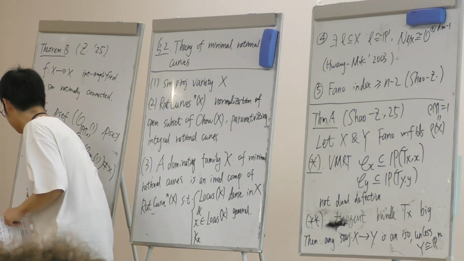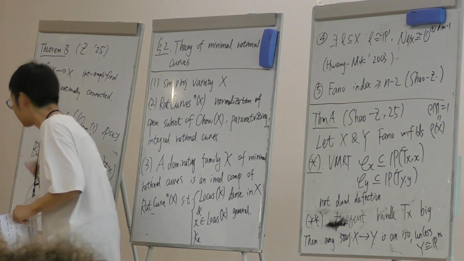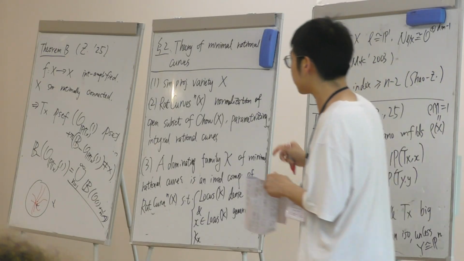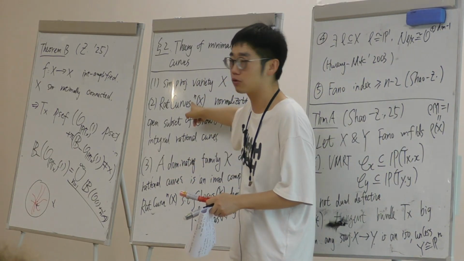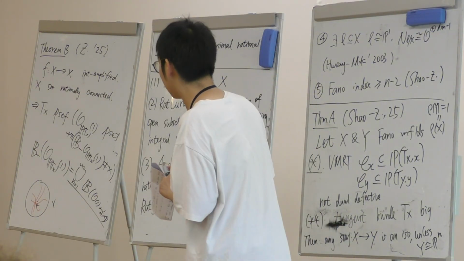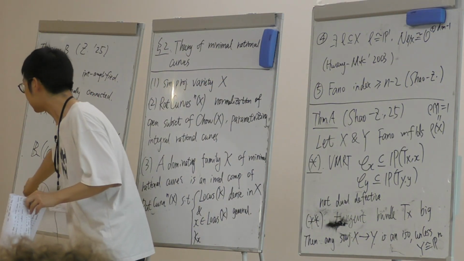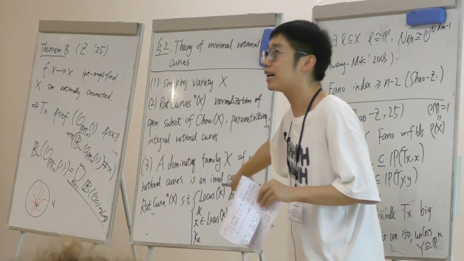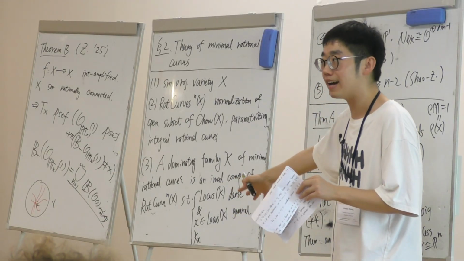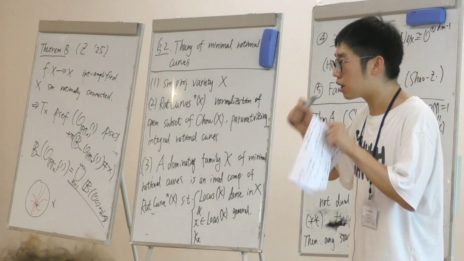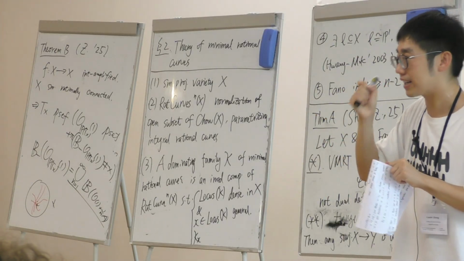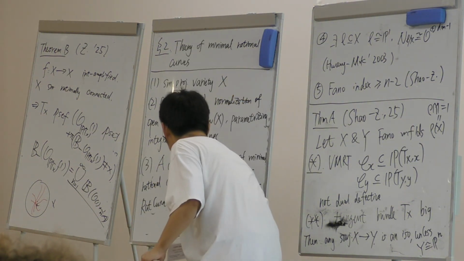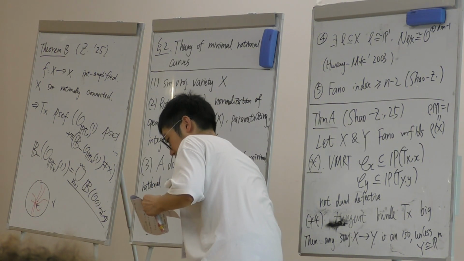Sorry, rational curves, because this component is taken from this rational curves component. So we collect all of those rational curves, and then it forms a subvariety of K. I use this notation Kx to represent all of the curves in K passing through the point x. So this is proper.